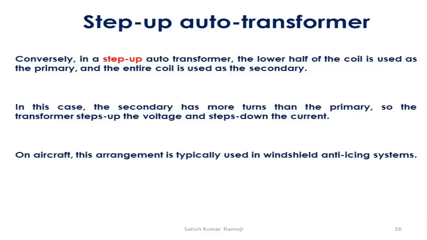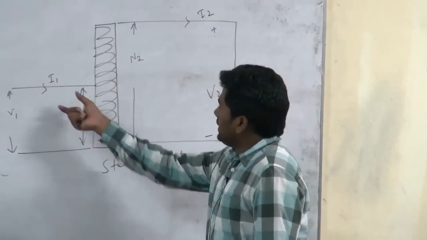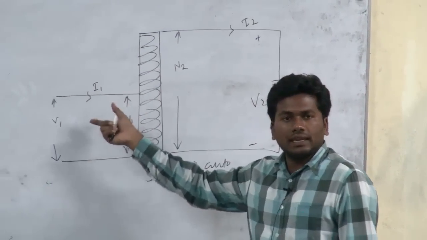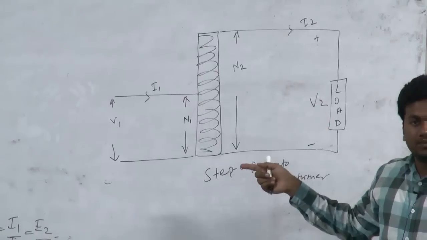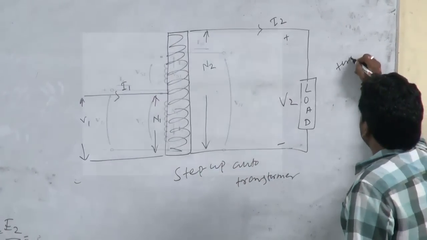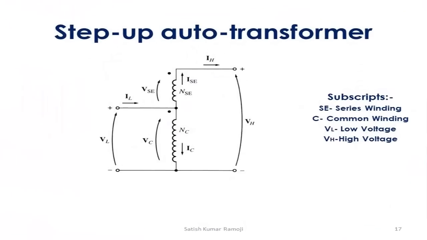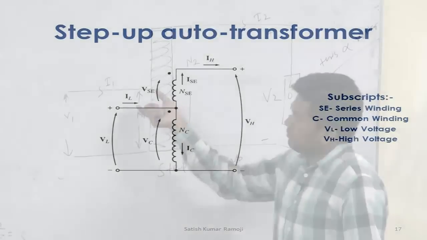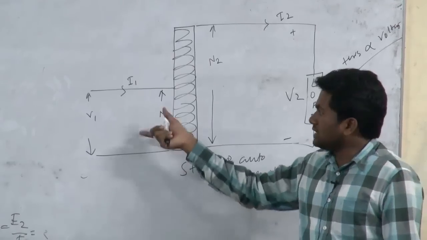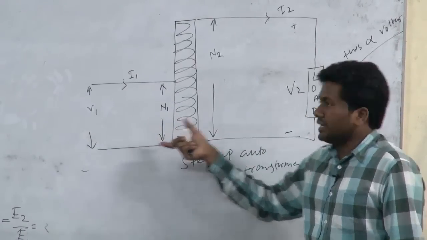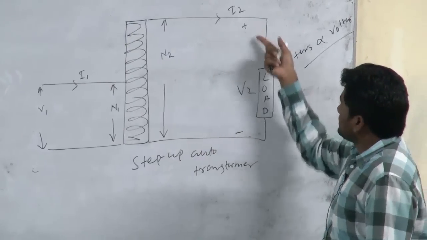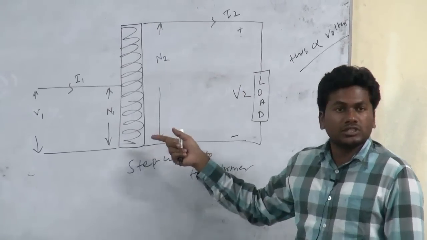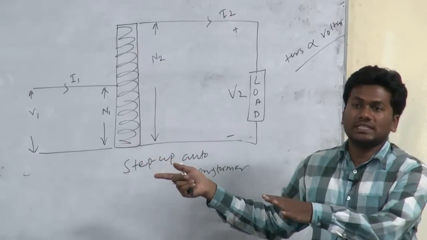Step up auto transformer means the primary has fewer turns, whereas the secondary has more turns, as turns are directly proportional to voltage. So if the primary has fewer turns, it has less voltage, and we can get a maximized secondary voltage. Now this is V2, where we get more voltage than on the primary side.